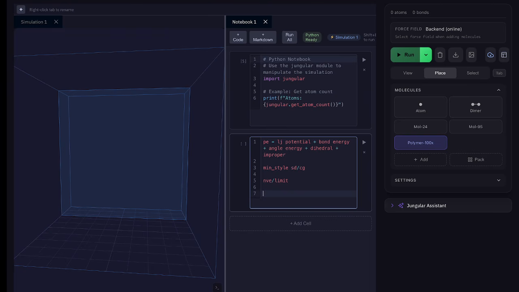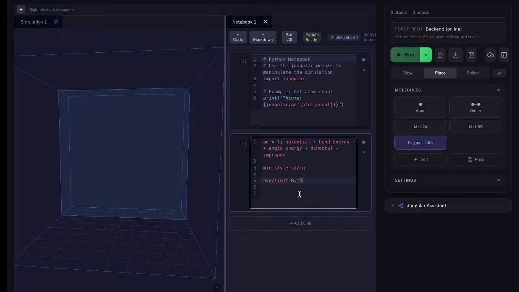The only difference is that we limit how far an atom can move in a single time step. Let's say we set the distance to be 0.1 angstrom. What that means is that for each time step, the most an atom can move is 0.1 angstrom.